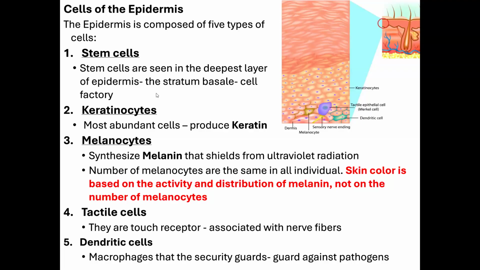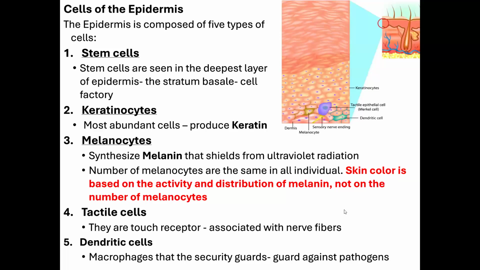So that's like stem cells. They produce all the types of cells. The most abundant type of cells in the skin is keratinocytes. And keratinocytes produce that protein called keratin. And that is what waterproofs your skin. Otherwise, you're going to lose water all the time.